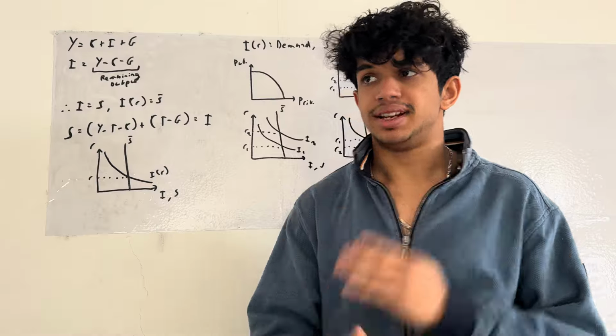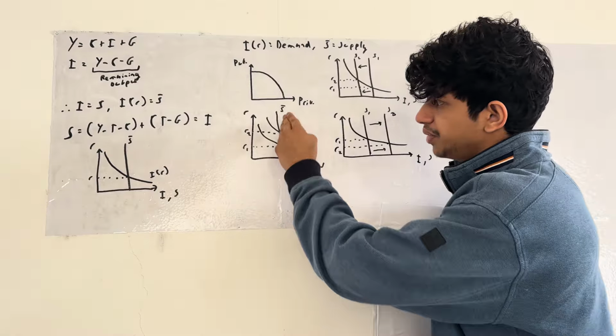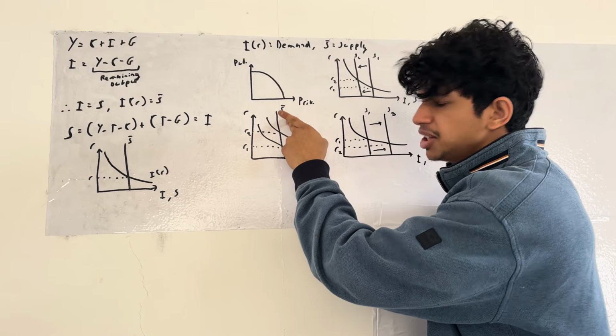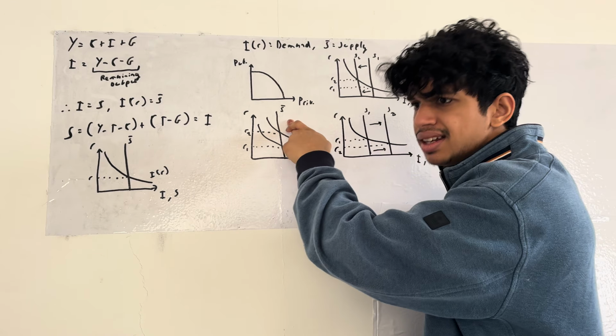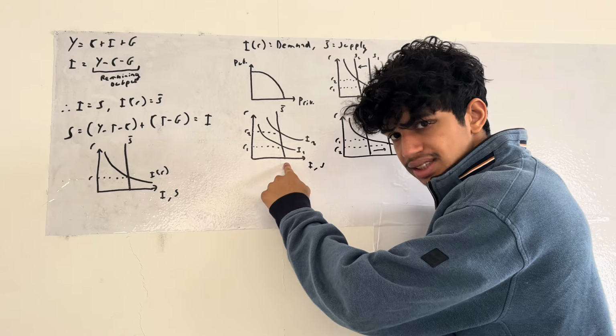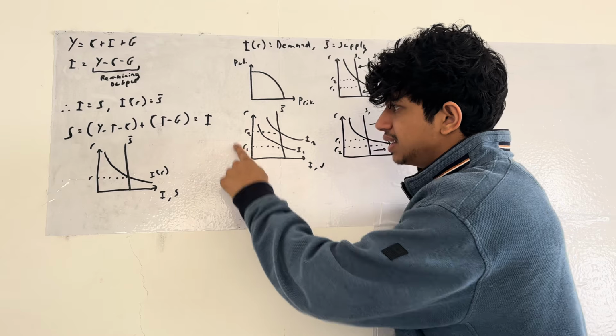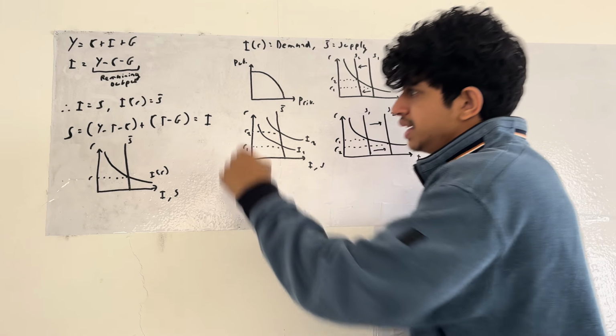Now, if you've taken economics, treat it like a supply and demand curve, because even though the demand does increase, supply physically can't increase to adapt to demand, which means that the quantity of investment and the quantity of saving is the same, just that the interest rate is higher.